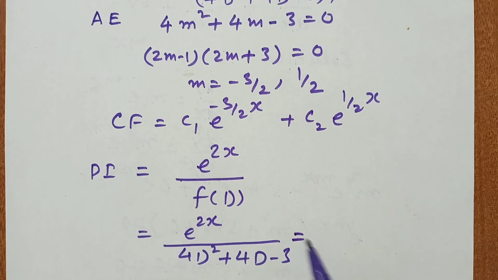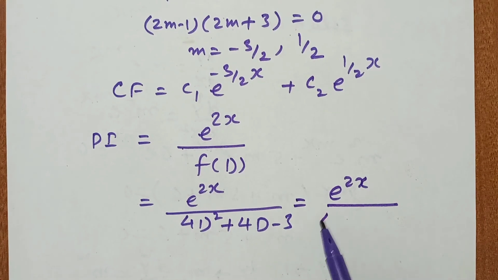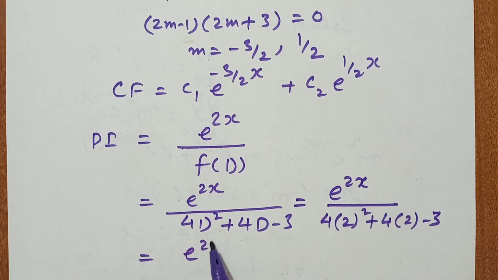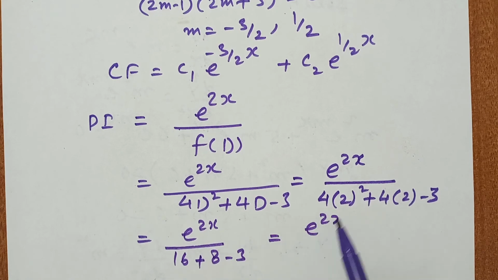Okay, so here e to the power 2x upon, in place of D we will put 2, so 4 times 2 square plus 4 times 2 minus 3. So this is e to the power 2x upon 16 plus 8 minus 3, which is equal to e to the power 2x upon 21.